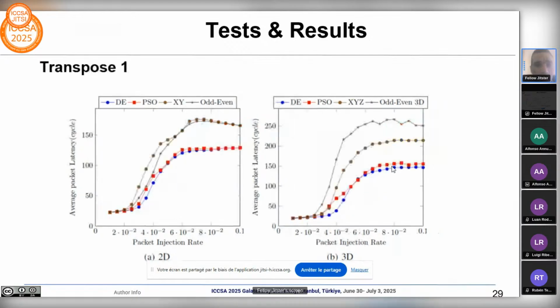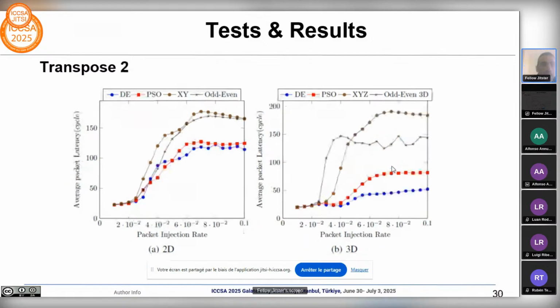In deterministic patterns, in transpose 1, DE and particle swarm give the same result and better than XY and odd even, in both 3D and 2D. In transpose 2, we also remark that DE and particle swarm give better results than the others.